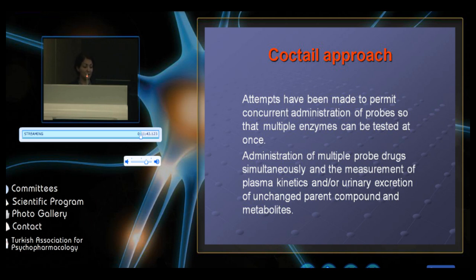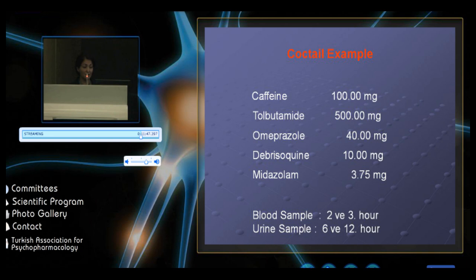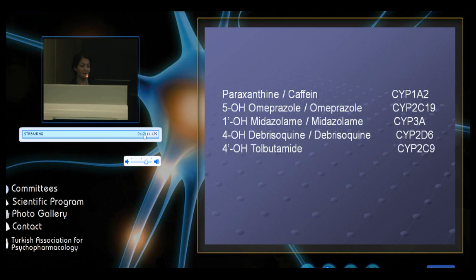So there is a lack of reliability of this method. So in the last decade, the cocktail approach is not very well adopted. For instance, these substances are given through certain pathways, and according to the metabolization pathways, blood or urine samples are collected, and you check the metabolites, and you can understand whether the enzyme system is functioning normally or poorly.